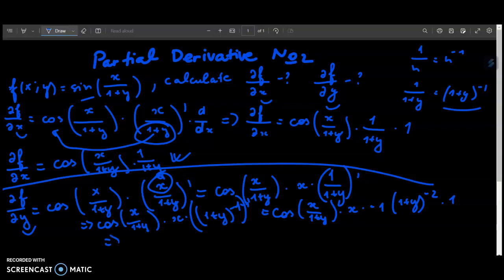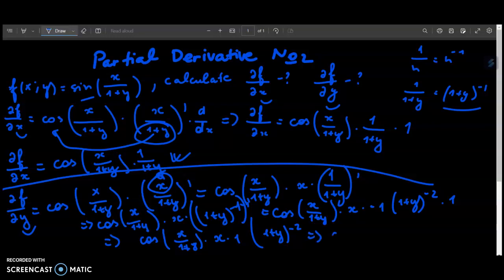So the final answer is going to be cosine of x over 1 plus y, then multiplied by x and multiplied by 1. So it's going to be (1 plus y) to the minus 2, and multiplying by 1 doesn't change anything. So this is our final answer.